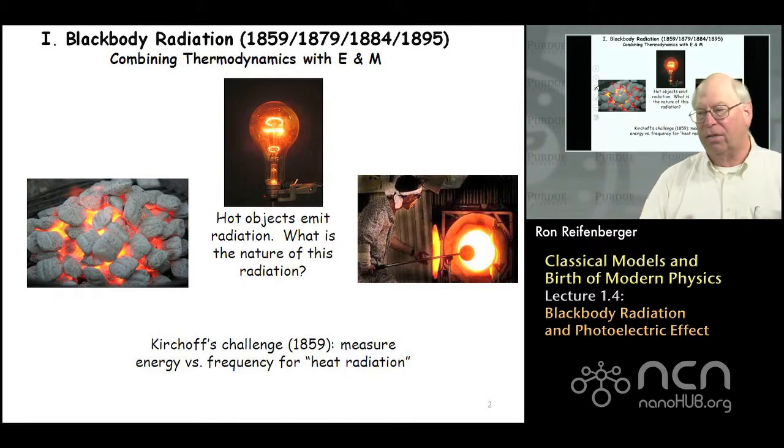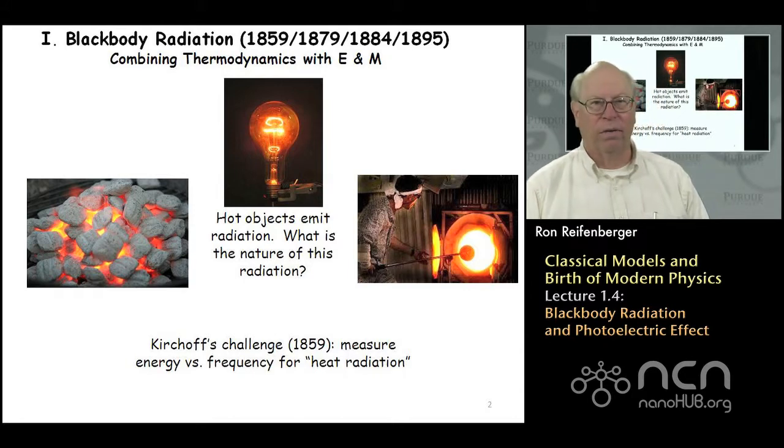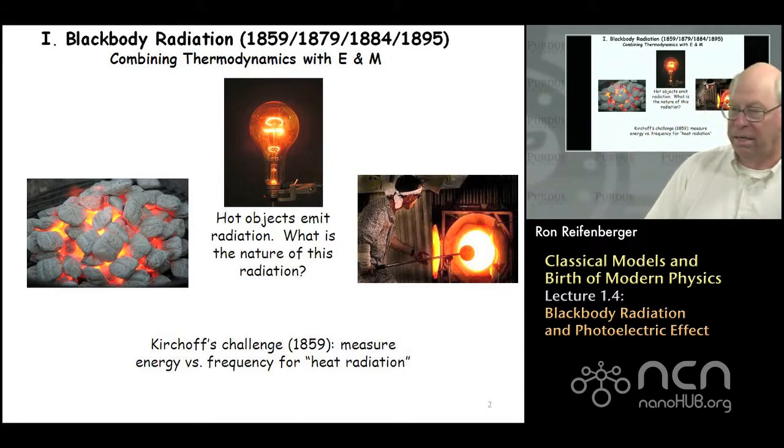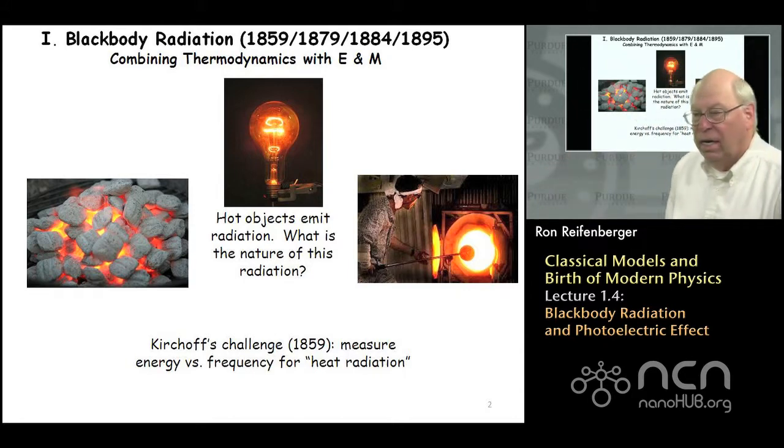This is a topic that's enjoyed attention for a number of years. The earliest work dates back to the 1850s, and the work continued all the way up. Well, it still continues today, but the seminal work continued up into the 1890s. And the reason blackbody radiation is kind of interesting is because it combines thermodynamics with electricity and magnetism.